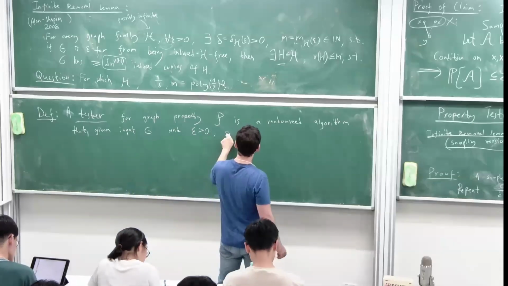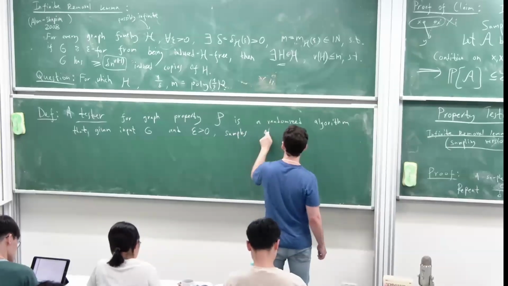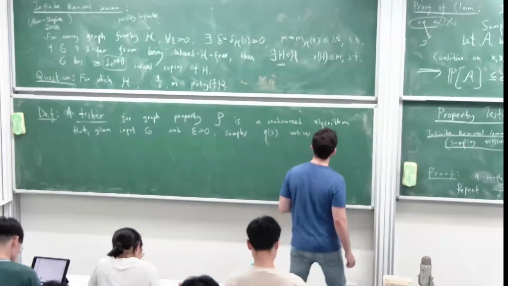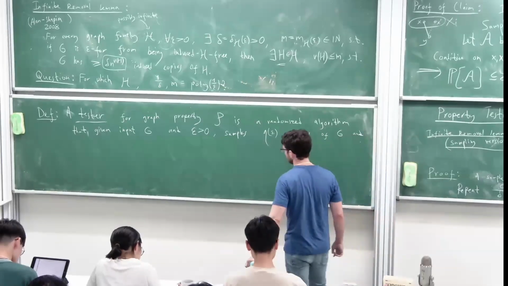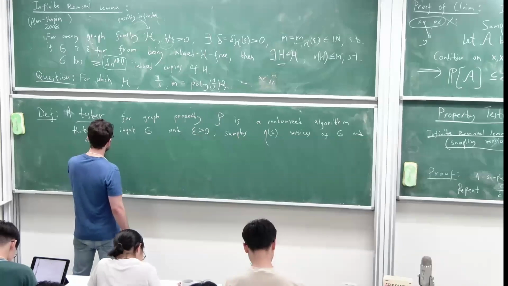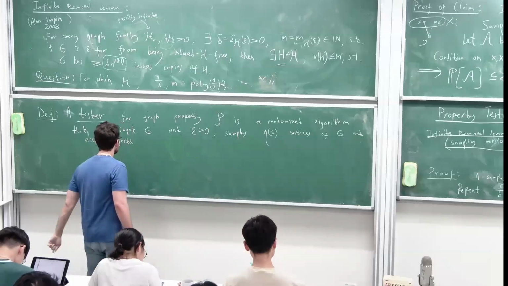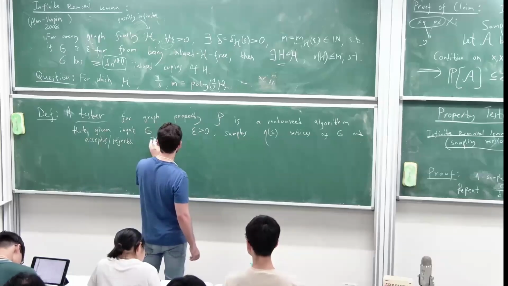What it does is sample some Q of epsilon vertices of G, and then it makes a decision. So it either accepts G or rejects G, and it satisfies the following.